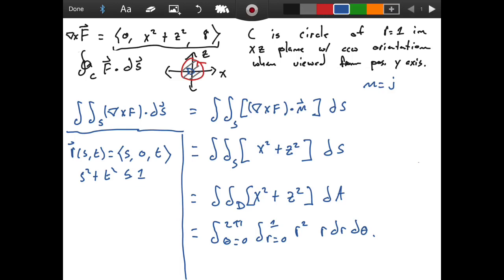Okay, but the key thing here, the thing that I want you to have in your minds, really has nothing to do with Stokes' theorem.